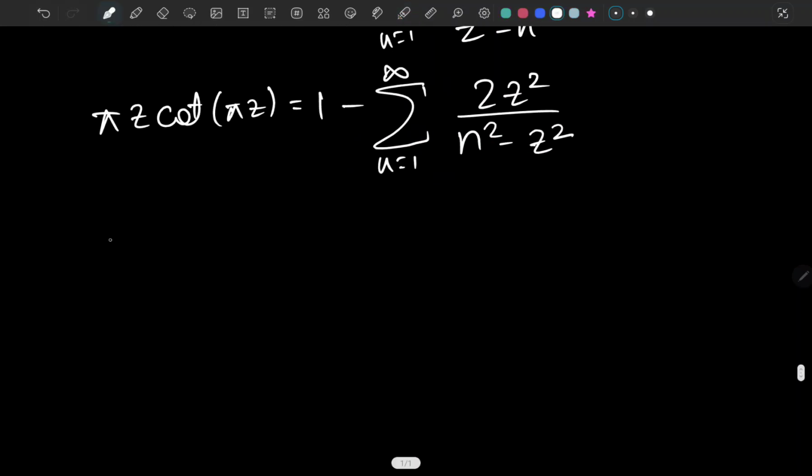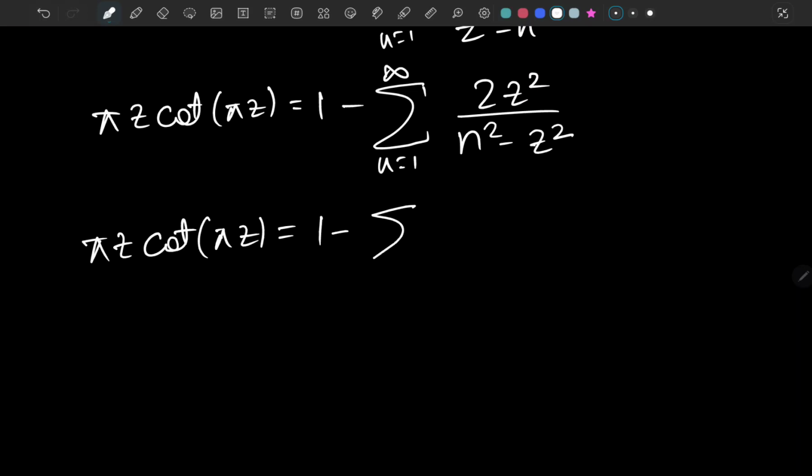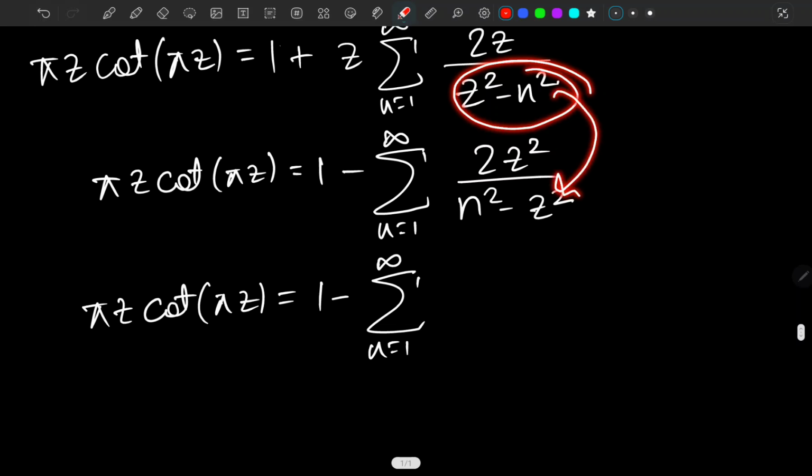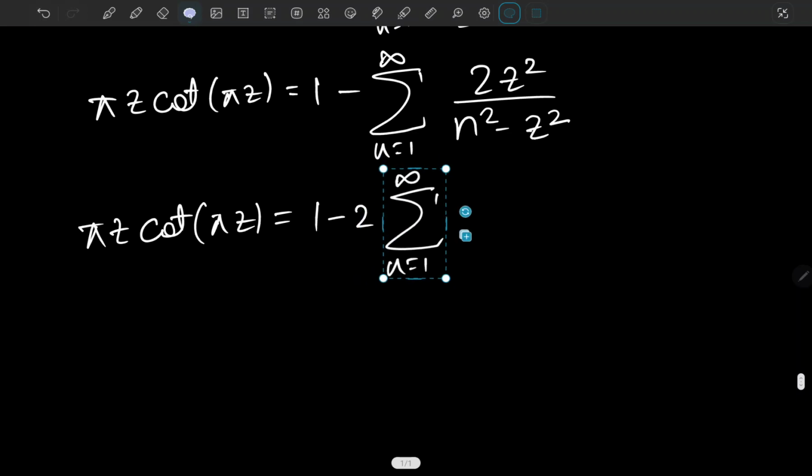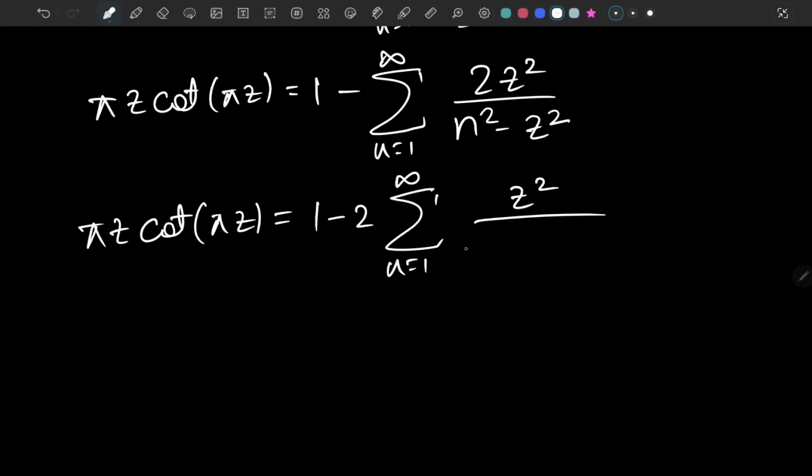Okay, and again pi z cotangent of pi z. Here we can do some great manipulations actually. And why we did that, what's the reason, I'm going to tell you that, don't worry. Let's pull the 2 out here, because it's a constant, right? And it's z squared over, taking n squared common, I'm just factoring out n squared from the denominator.